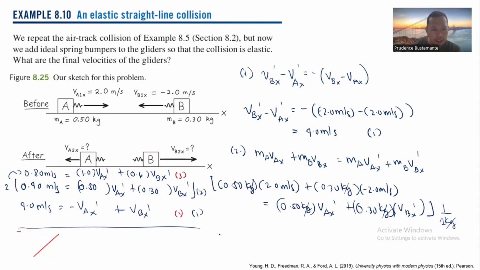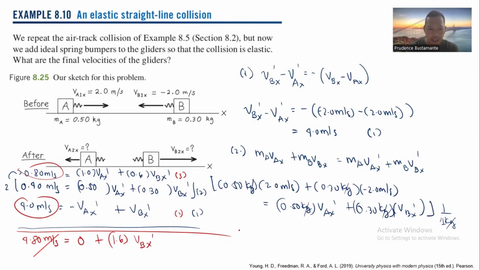Adding them, the left side is 4.8 meters per second, and on the right, the VAX prime terms cancel to 0, leaving 1.6 VBX prime.